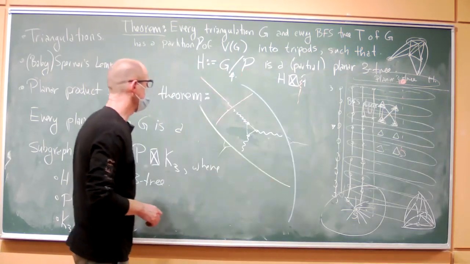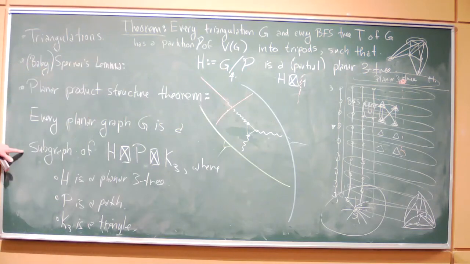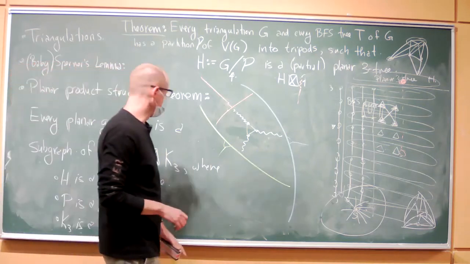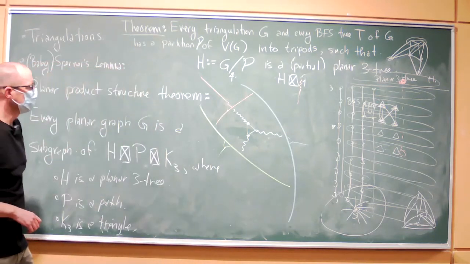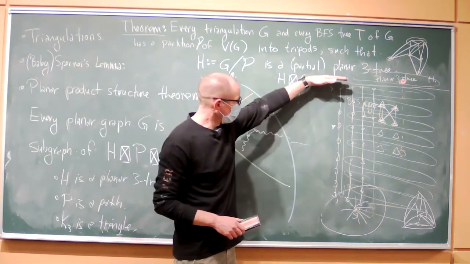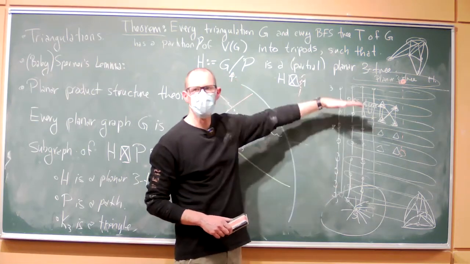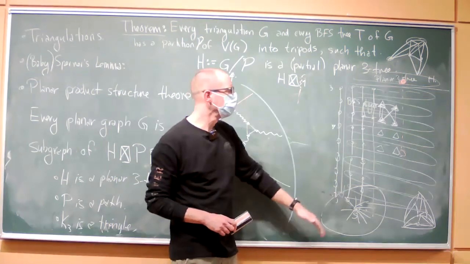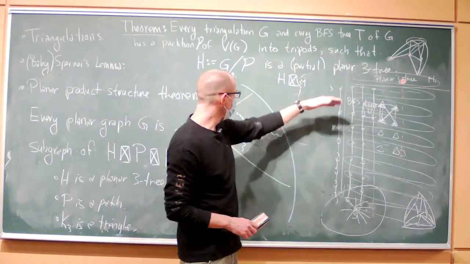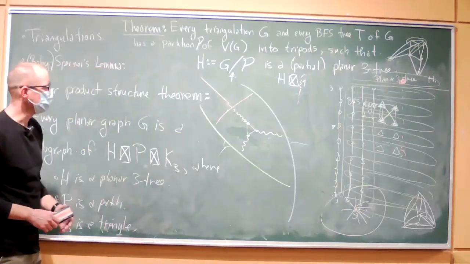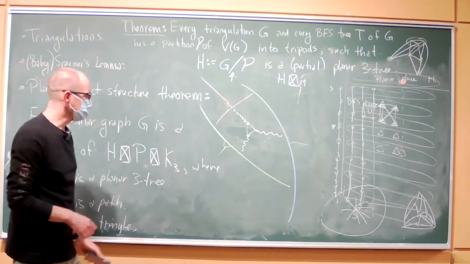Okay, so this theorem says that if you give me any planar graph G, it's contained inside this picture here. That's the picture of H times P times K3. So it's a subgraph of there.